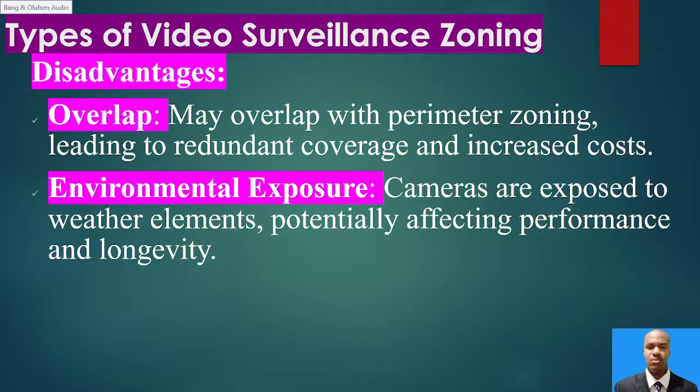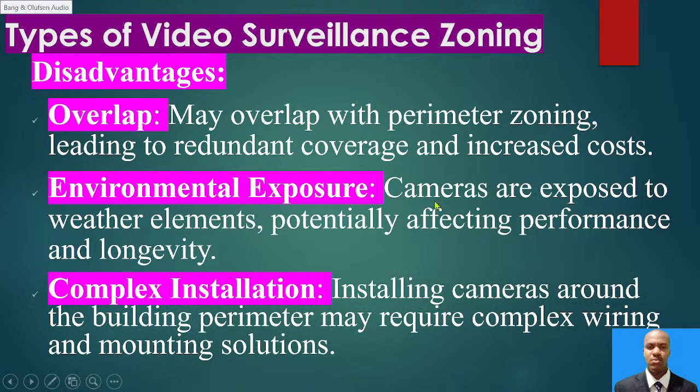Environmental exposure: cameras are exposed to weather elements, potentially affecting their performance and their longevity, that is, how they perform and how long they can be operational. You have the complex installation. Installing cameras around the building perimeter may require complex wiring and mounting solutions.